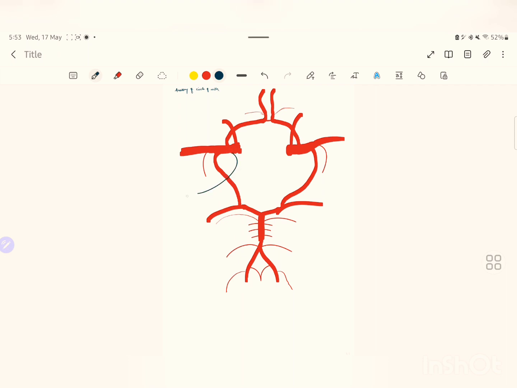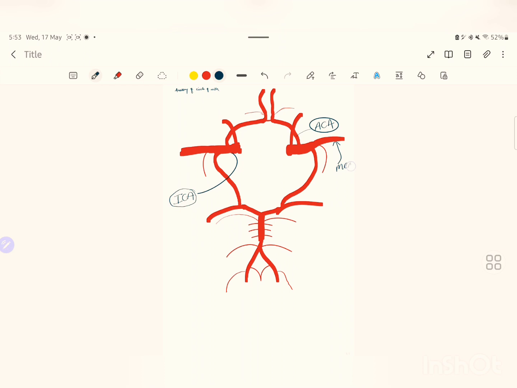This is a right internal carotid artery from which this is an anterior cerebral artery. Both anterior cerebral arteries join via anterior communicating artery.